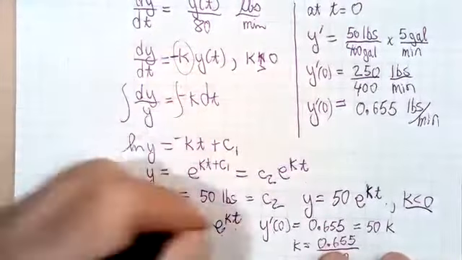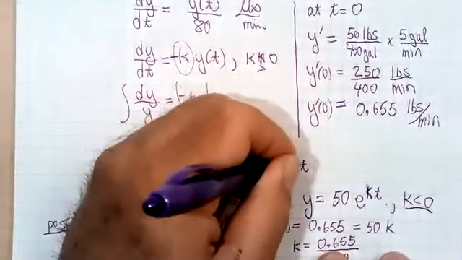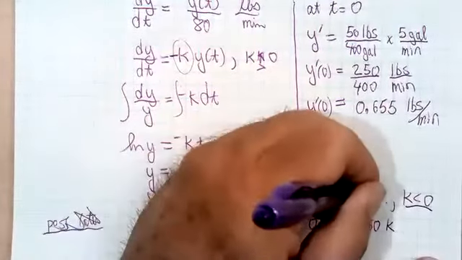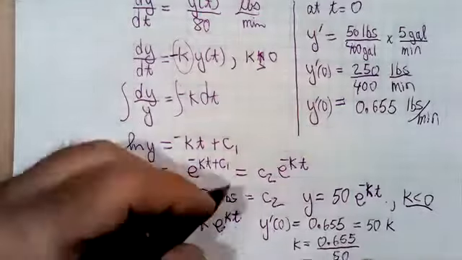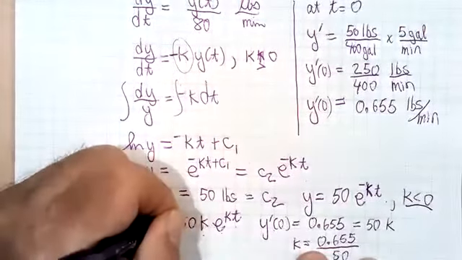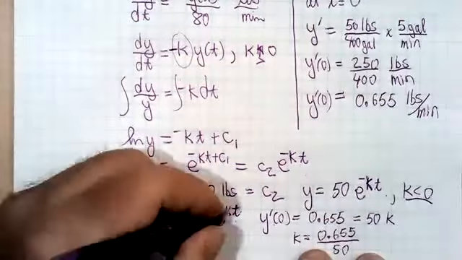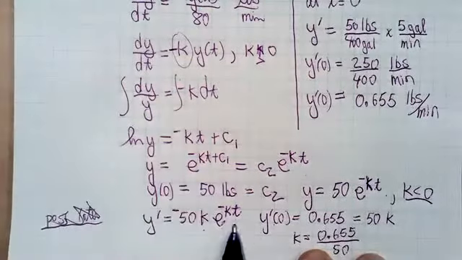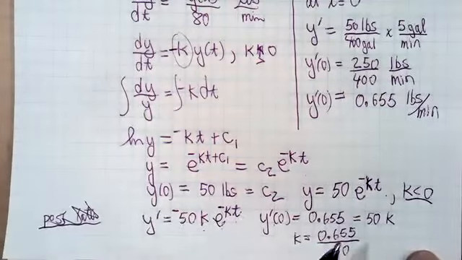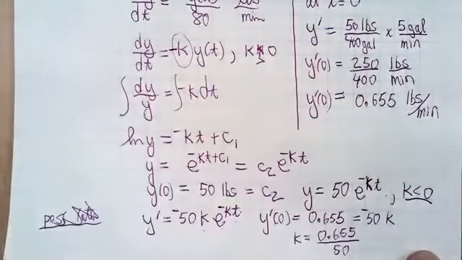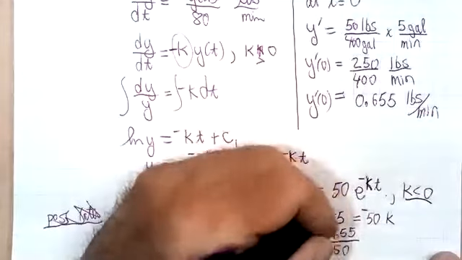Then we could keep track of our signs all the way through. So you get a minus cascading all the way down to here. It'd be here as well. But once you plug in the 0, that one goes away. And we have minus 50k is equal to 0.655.